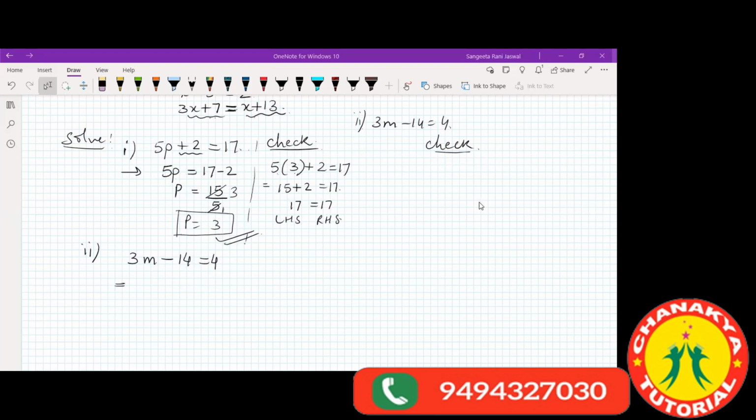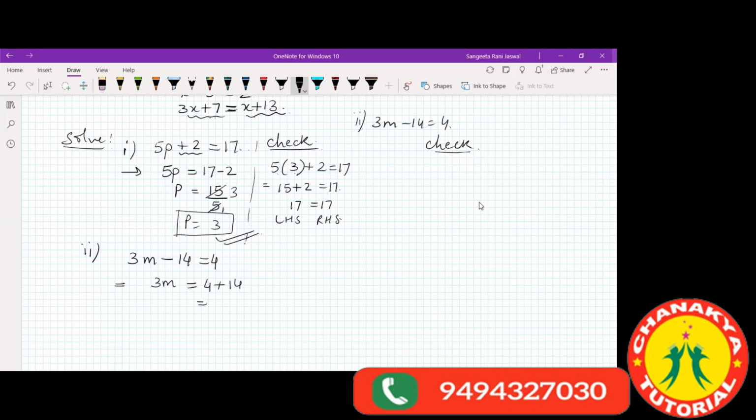Okay, so here in this case, to find the value of the variable, we will keep the variable term here only, and minus 14, when it goes on the other side, it will become plus. Minus sign changes to plus.